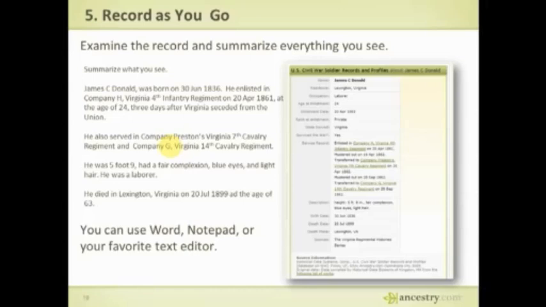All right, so let's say you're on the record. This particular record tells me a whole lot. Doesn't have an image, but there's a lot of information in here. It tells me how old he was when he was enlisted, when his enlistment date was. It tells me what he looked like. These are awesome records. One of the great things about military records is they usually have a physical description.